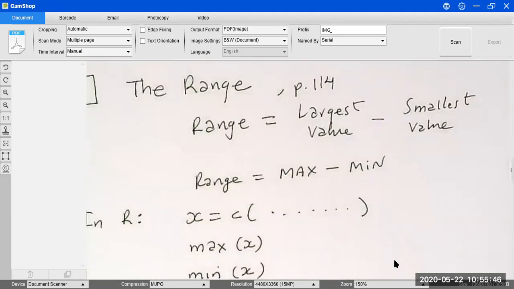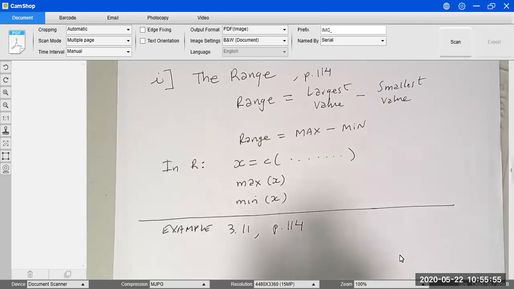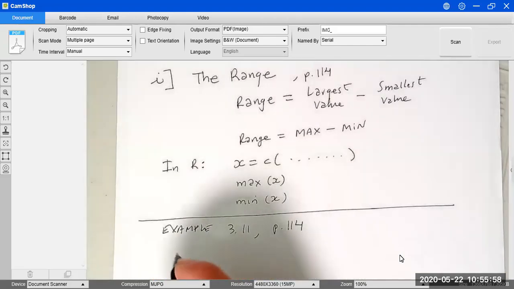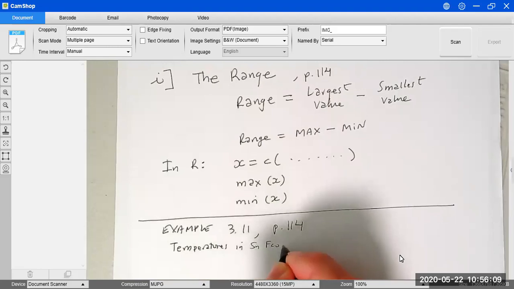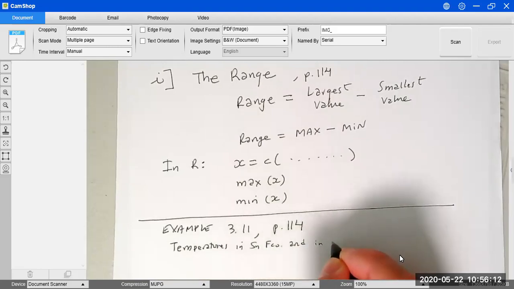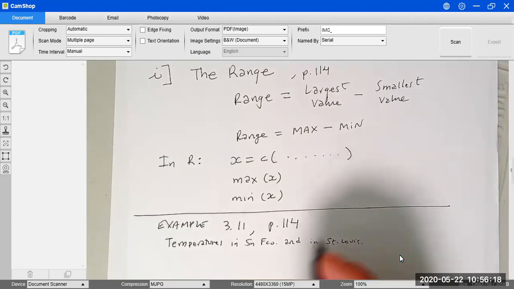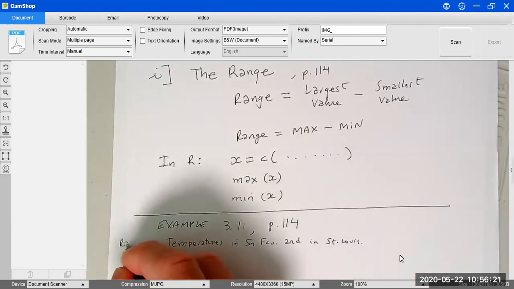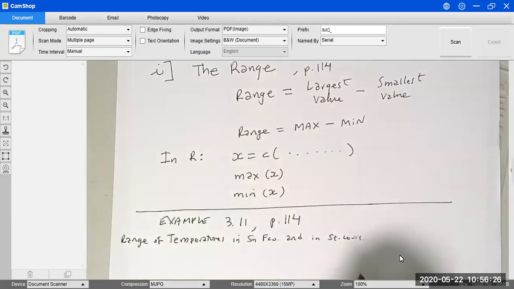So in our problem, we are asked to find the range of the temperatures in San Francisco and in St. Louis.